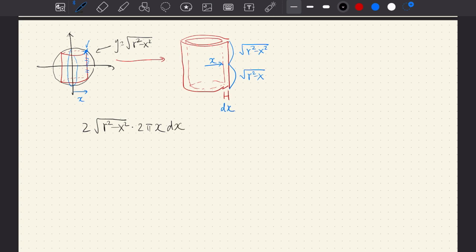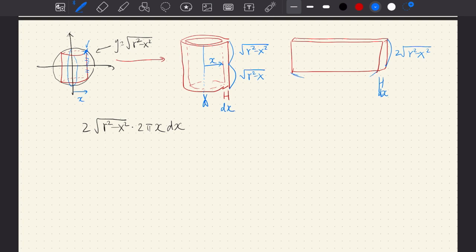We talked about this: if you want to find the volume of this very thin cylinder, you can imagine that you have scissors and you cut it along this line, right? So if you cut it, it will become a very thin sheet, and the width of this sheet should be dx, and the height of this sheet should be the original height, which is 2 times square root of r squared minus x squared.